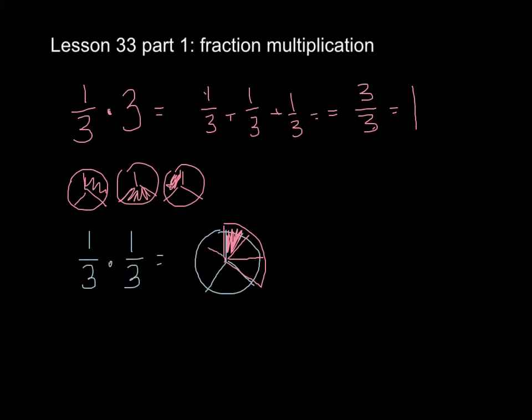Well, if I had cut this all up too, then that is 1/9. I'm eating 1/9 of the pizza. 1 out of 1, 2, 3, 4, 5, 6, 7, 8, 9. So that's what this is saying. You're getting to eat 1/3 of the third. And so that's how the multiplication works out.